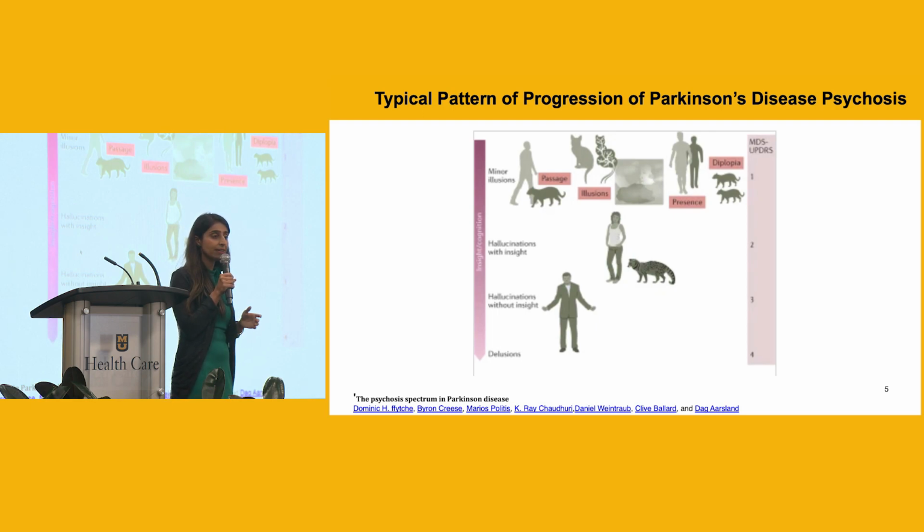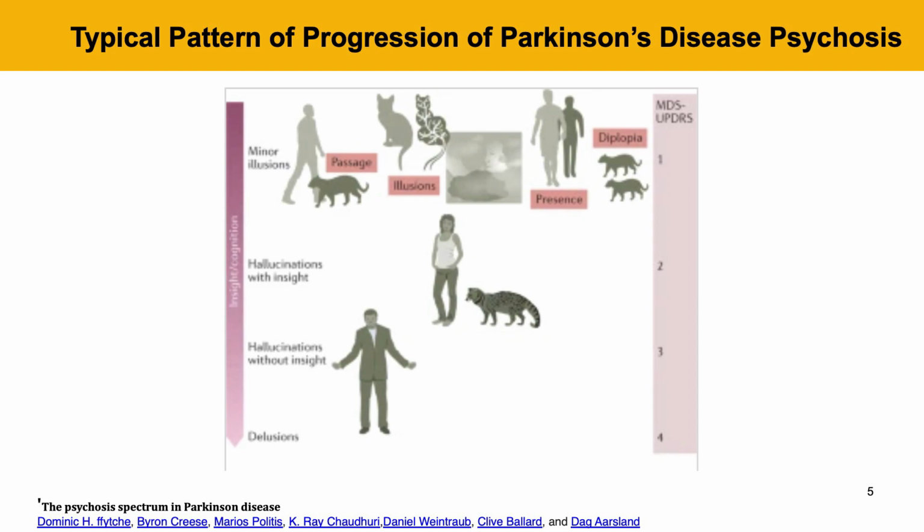It is hard to redirect somebody, and in certain situations, it's better to not pick a battle over what's right and what's wrong at that point. And of course, delusions set in at stage 4, between the 3 and 4 portion. Again, these can all overlap as well.